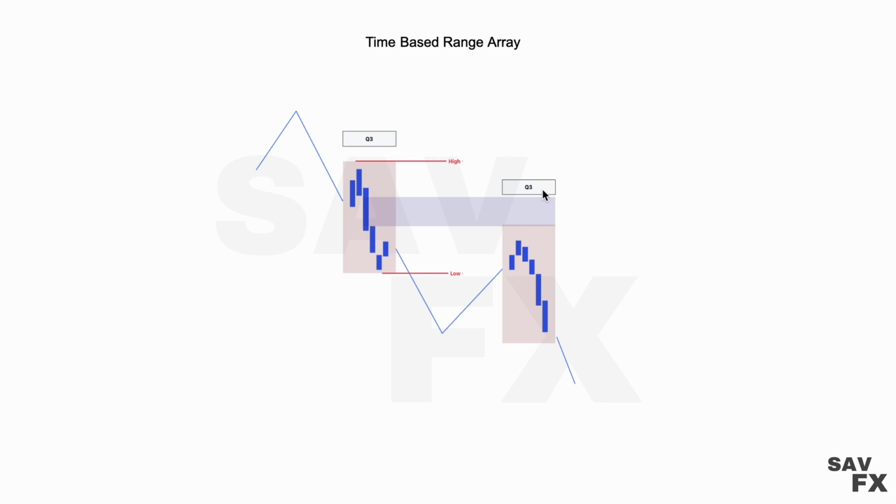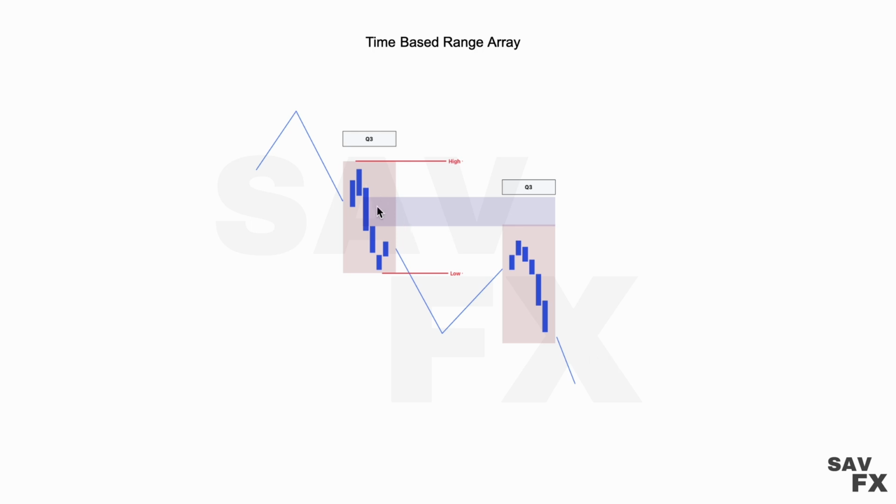In this case, I'm utilizing Q3 because it's ideally the best and the easiest one to learn. This whole entire range is like a magnet in which all further and future price deliveries within Q3 draw to and react from, meaning this full range behaves the same way as imbalances, whereby price draws to them and then reacts off them.